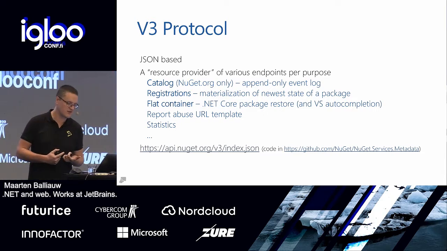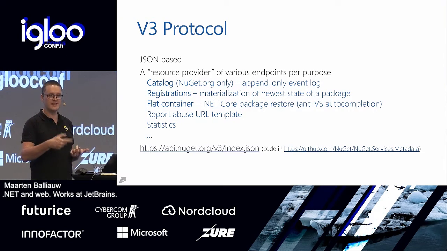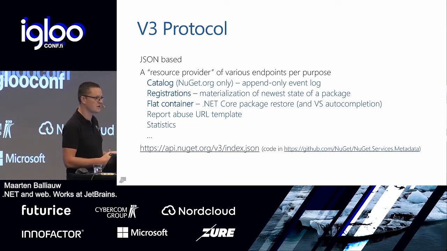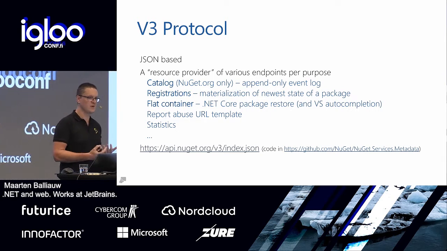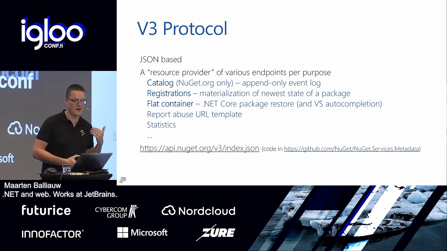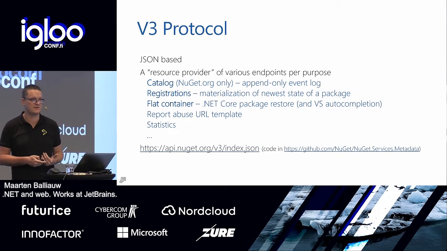There's package registrations that are used to render details inside of Visual Studio and ReSharper and so on. There's a flat container, which is used during package restore. There's some templates in there to report or to rate packages and so on. There's statistics in there. There's really a lot of resources in that index.json file.